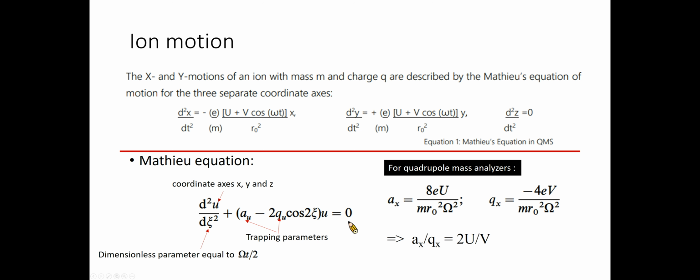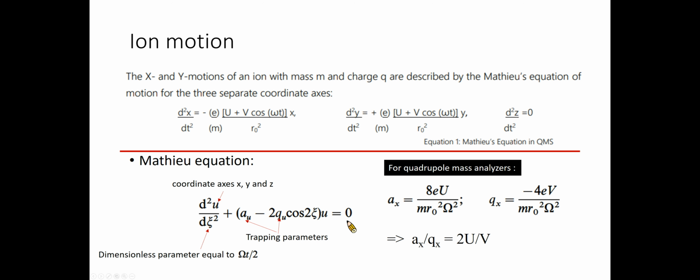In the quadrupole mass analyzer, the x and y motions of an ion can be described by the Mathieu equation, where u is either the x or y directional coordinate, xi is the redefining of time, e is the charge of the ion, U is the magnitude of the DC potential, omega is the angular frequency of the applied AC waveform, r0 is the distance from the center axis, the z-axis, to the surface of any electrode, m is the mass of the ion, and V is the magnitude of the applied AC or radio frequency waveform.